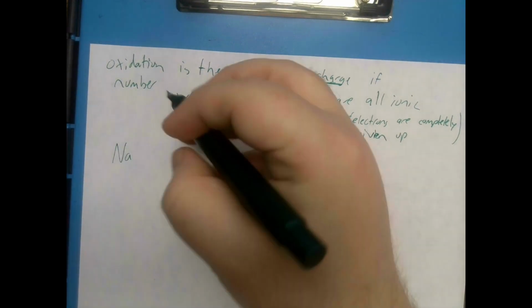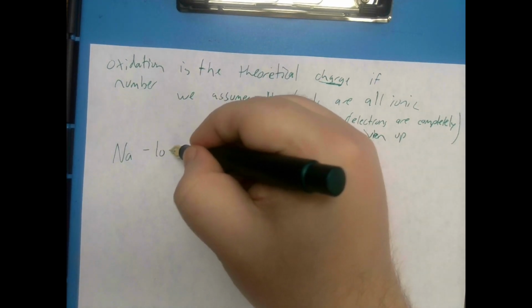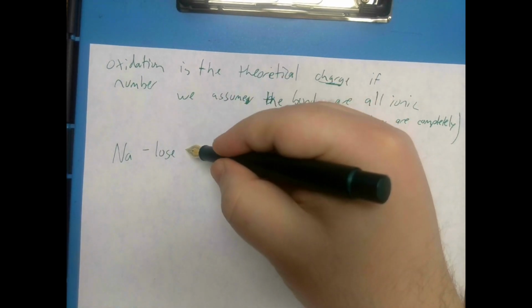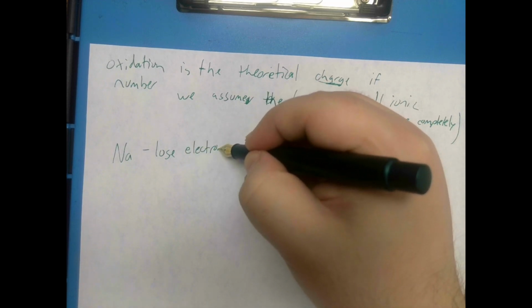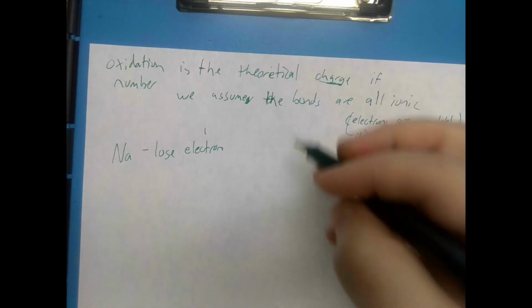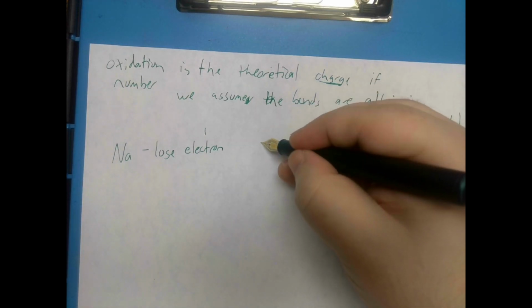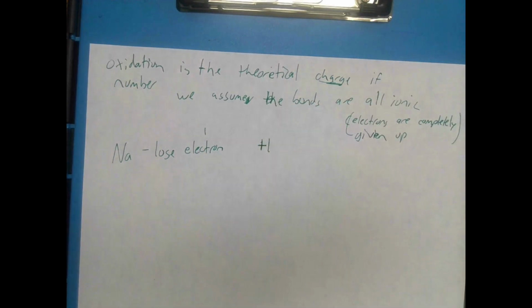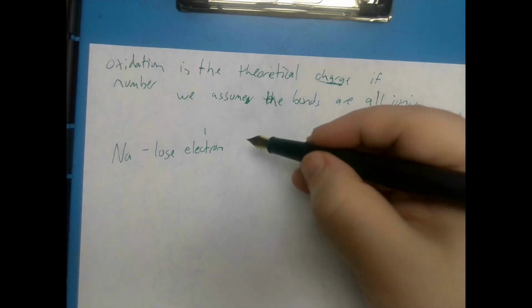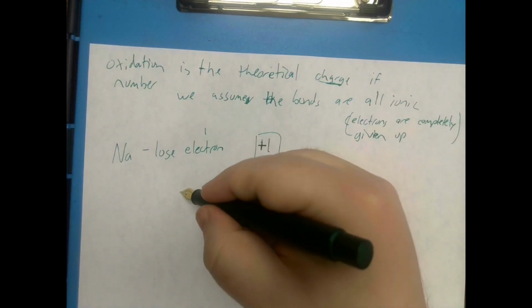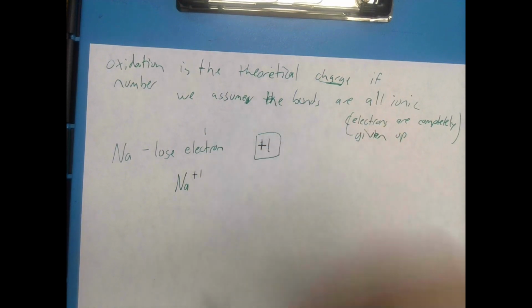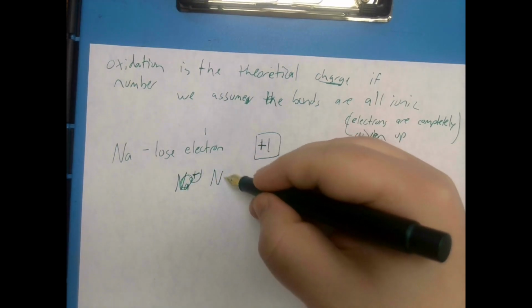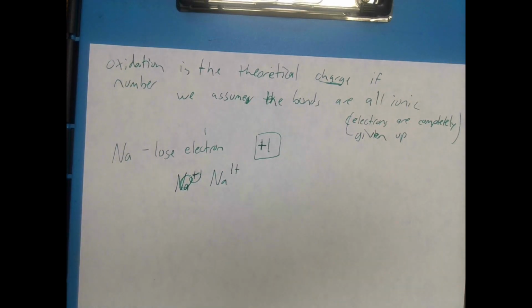So Na, we said, wants to lose an electron. So it's going to lose one electron, and it's going to thus gain a +1 oxidation number. So we'd write it as Na1 plus.